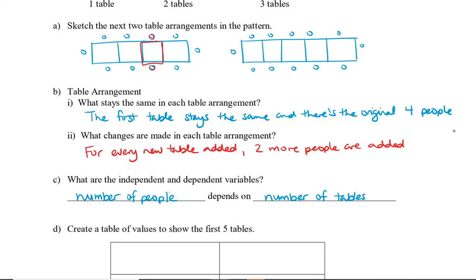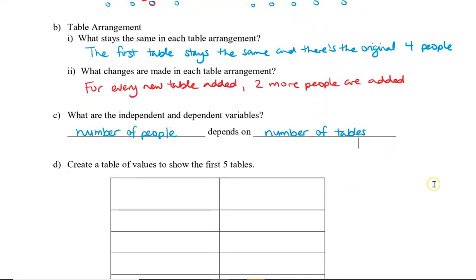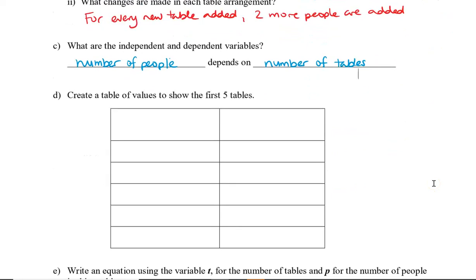So now that we know that, we can set up our table of values. So let's create a table of values to show the first 5 tables. So number of tables, and this will be our number of people in the second column. So we're going to have 1, 2, 3, 4, and 5 tables.